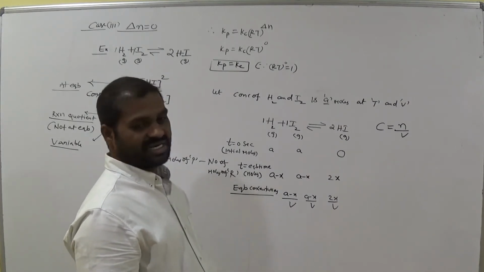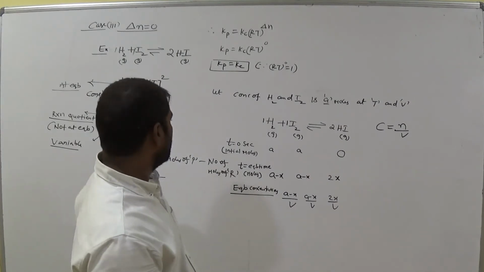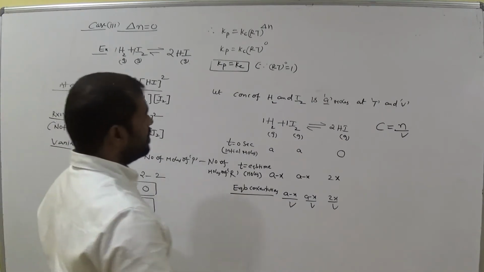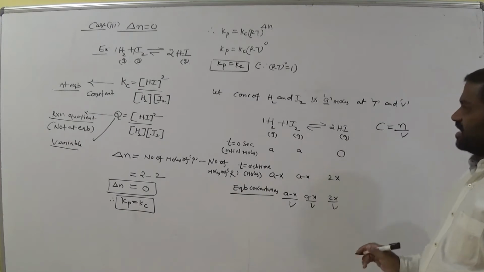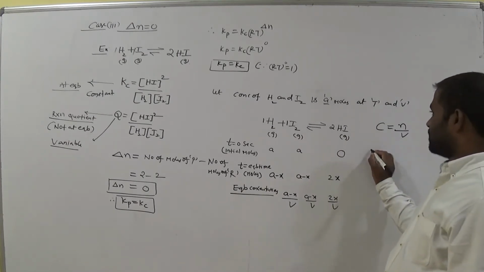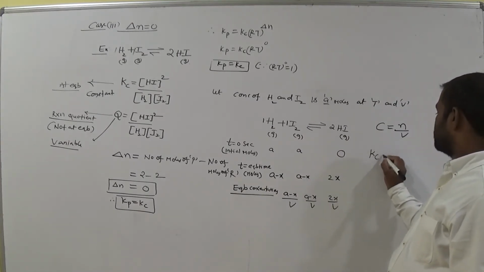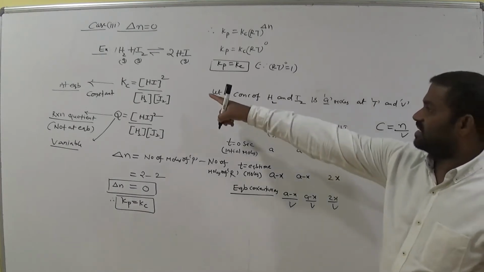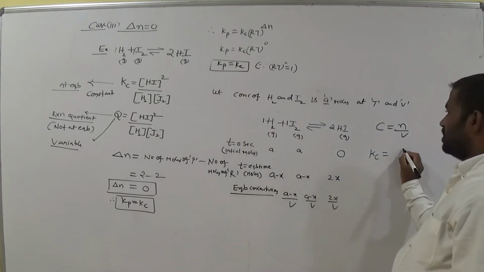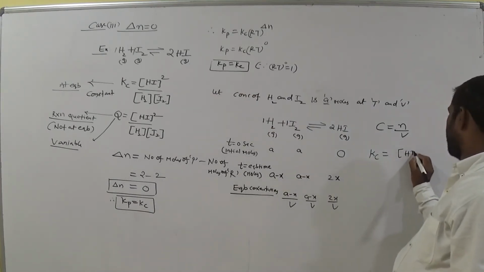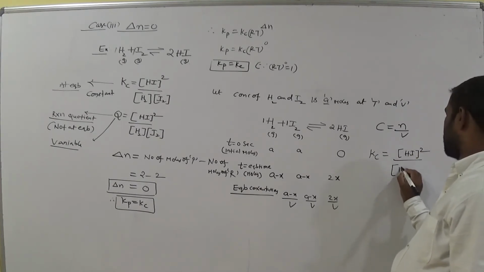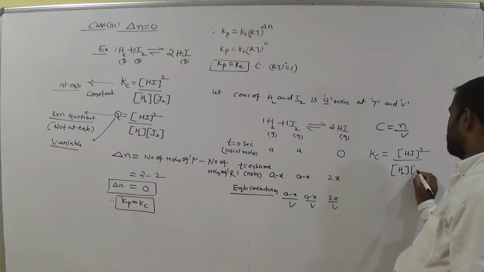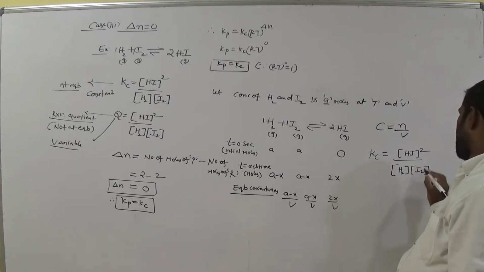Okay, we simply call it molar concentration. Now for this equation, write Kc first of all. So what is the expression we need to get here? Kc is equal to the concentration of HI to the power 2, divided by the concentration of H2 times the concentration of I2.